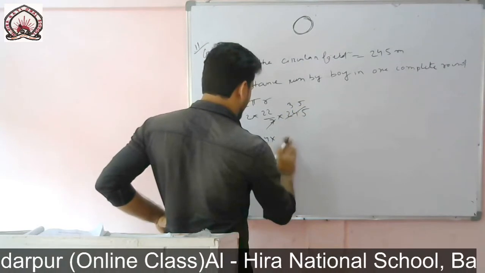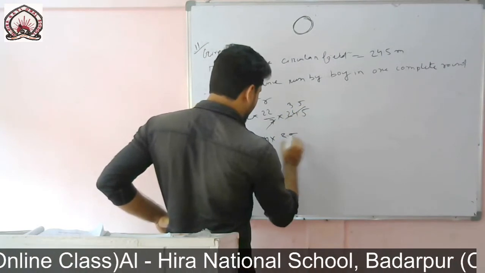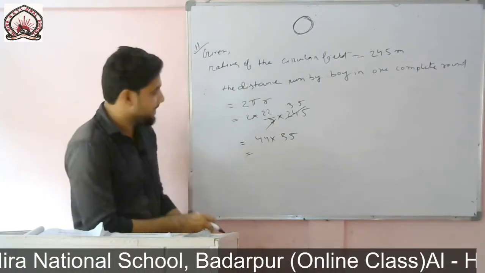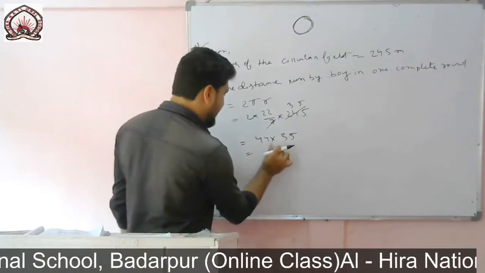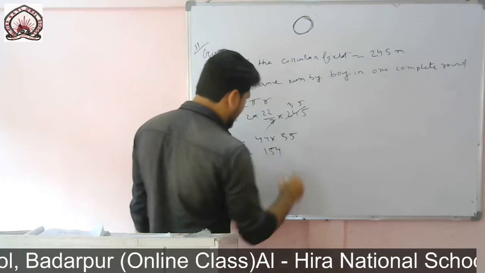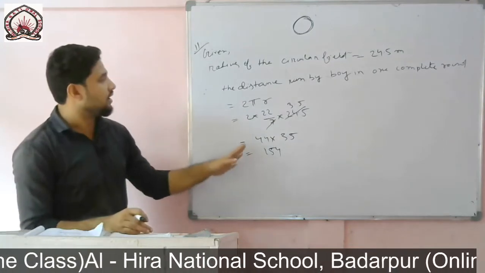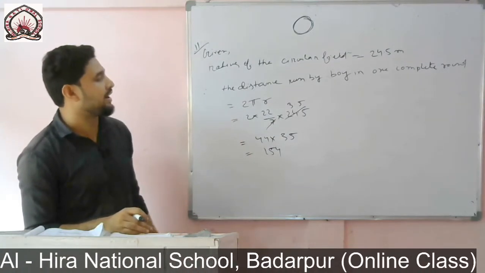So write here 44 into 3.5. Now if you multiply, you will get 154. And this is the distance run by the boy in 1 complete rotation.